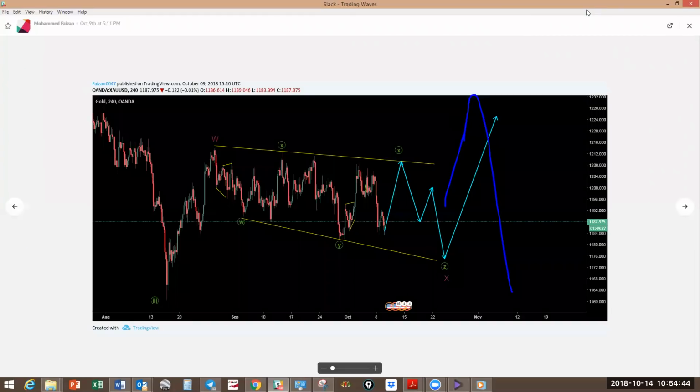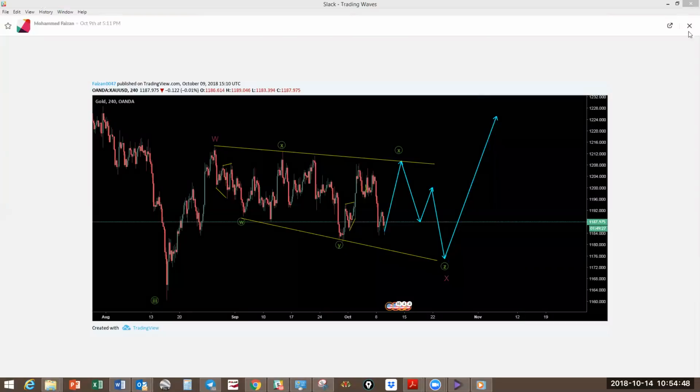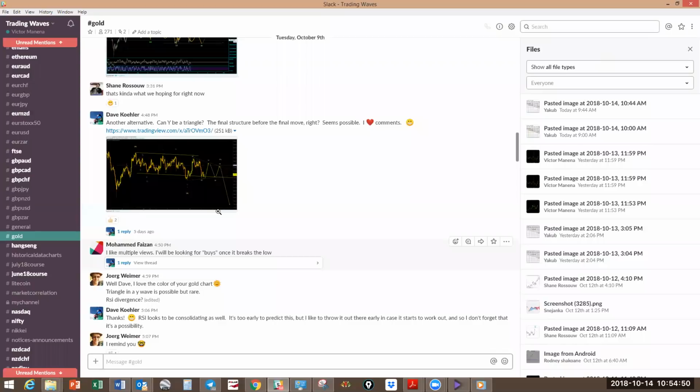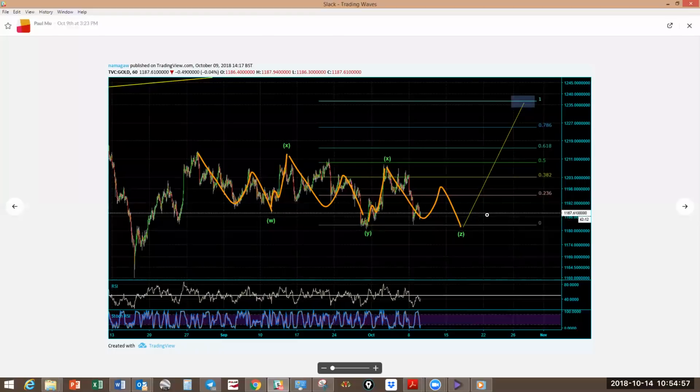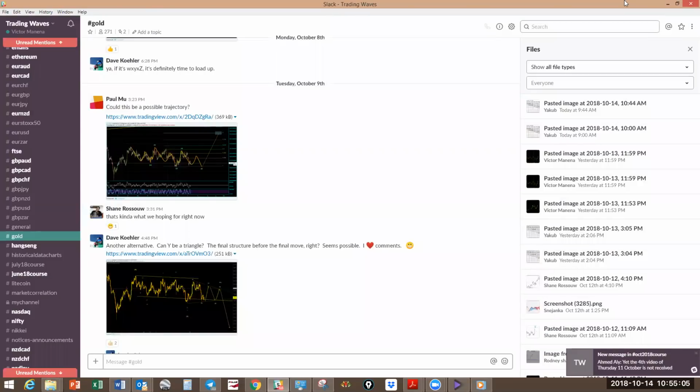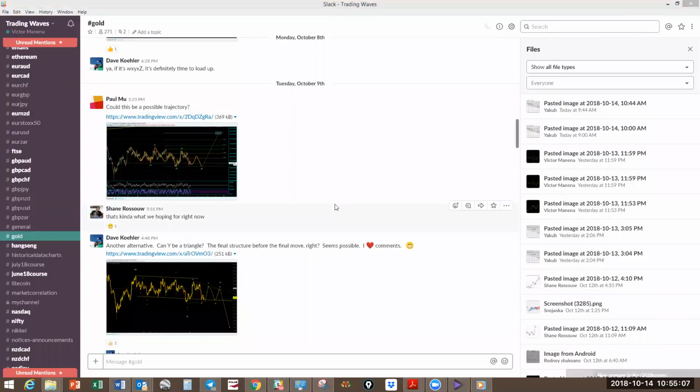Everyone was expecting the same move, expecting this up move before we drop. I'm sure if I look for a couple more, this one was expecting it down before it goes. Look at this. So this is what happens when you see the charts with the same eye. You have the same views. That's how amazing it works in the group, and that is what you get when you join us.